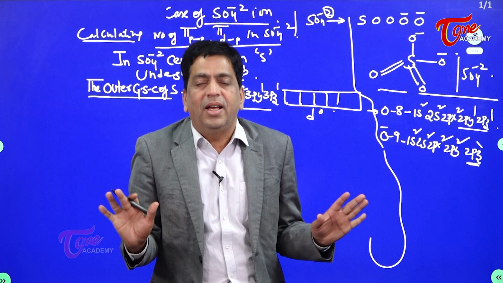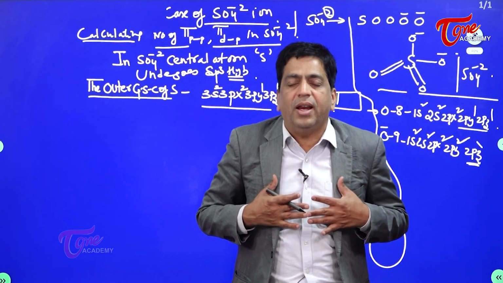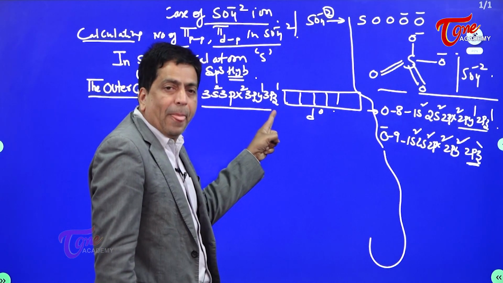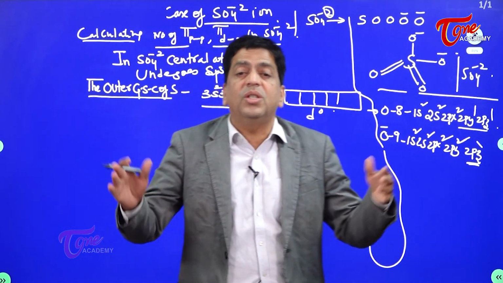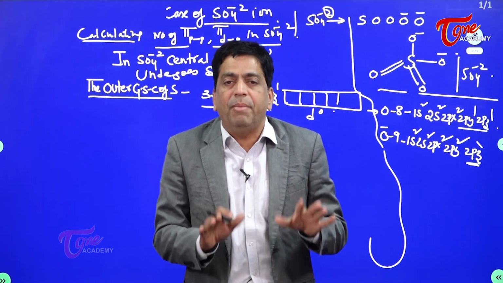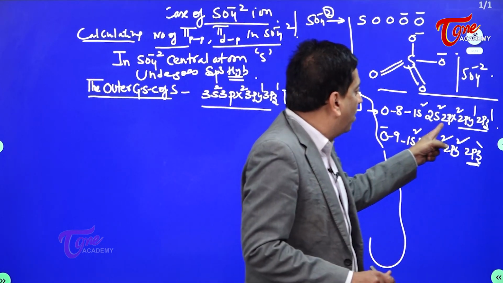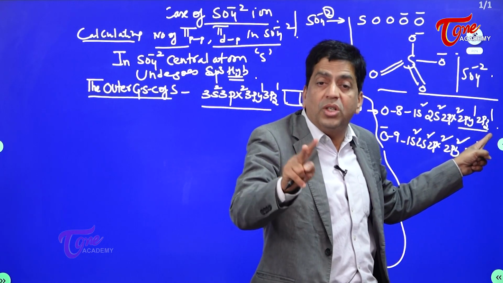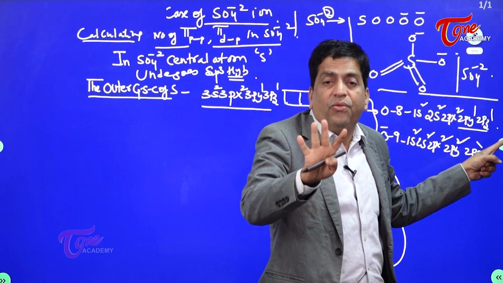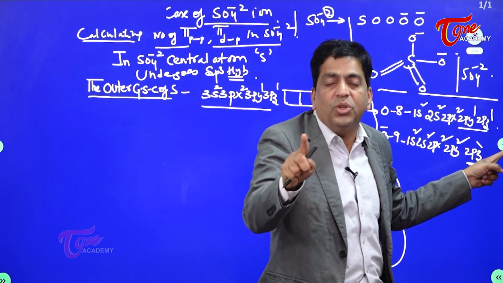So understand, I am sleeping in the ground state with how many unpaired electrons? 2 unpaired electrons. Right? Now 4 oxygens wanted to approach me. 2 oxygens called me and said, we are coming with full unpaired electrons, that is each will be carrying 2 unpaired. So 2 oxygens will carry 4 unpaired. So I require 4 unpaired for 2 full oxygens.